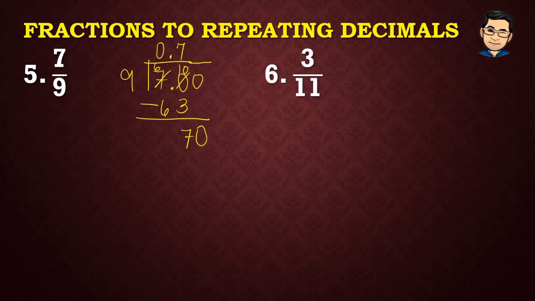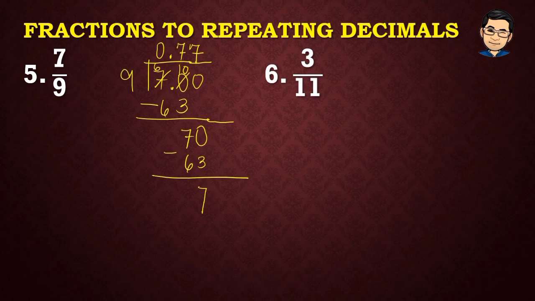Ayan. 70 divided by 9, again, 7. 7 times 9, that is 63. As you can see, ayan, umuulit yung pattern natin. Kanina 70 minus 63, ngayon naman 70 minus 63 na naman. So, ayan.